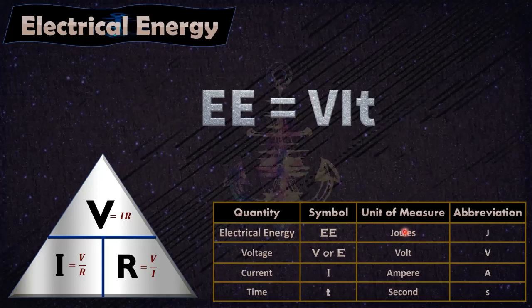As a unit for E, we have joules, and the abbreviation is J. The unit for voltage is volt, and the abbreviation is V. For current, ampere, and A is the abbreviation. And for time, take note that it is in seconds. The abbreviation for second is s.